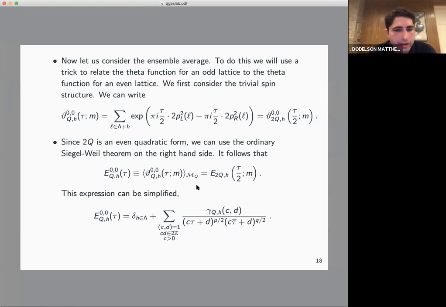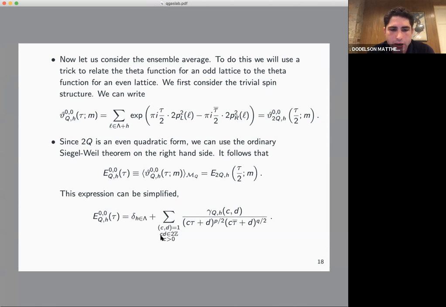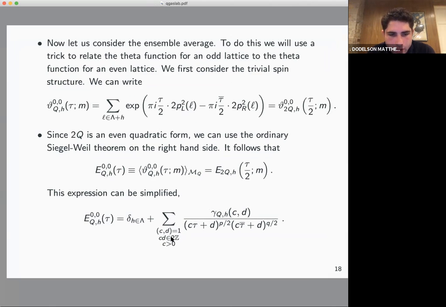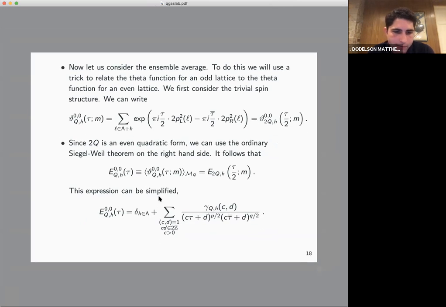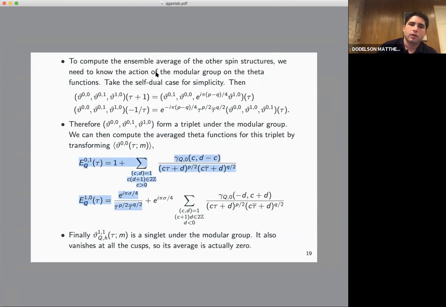So this can be simplified a bit, and it's exactly the Eisenstein series from before, but there are some congruence conditions on C and D, namely C times D has to be even. Okay, so that gives the trivial spin structure. And now we need the other ones, but that's easy because we can just act with the modular group on the Eisenstein series. So I'll take the self-dual case for simplicity. Then you can show that the modular group acts in this way on the theta functions.